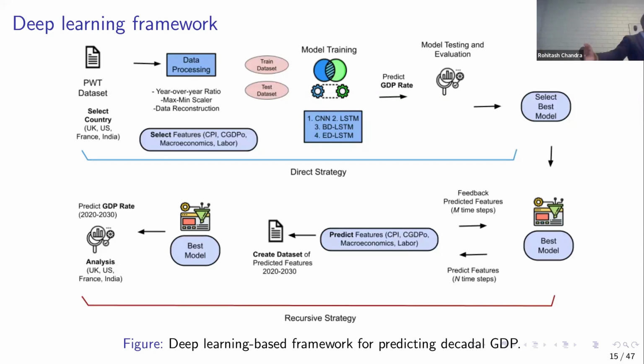So in the process of predicting the GDP rate, we first have to find what is the labor rate. What is the employment kind, like what are some of the macroeconomic factors looking like? What is the CPI, the consumer price index, right? So then using those, we will get the GDP rate from 2020 to 2030.